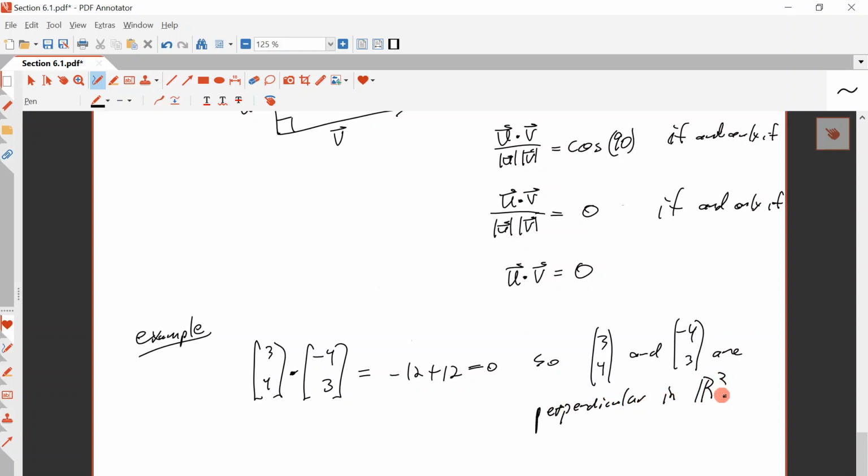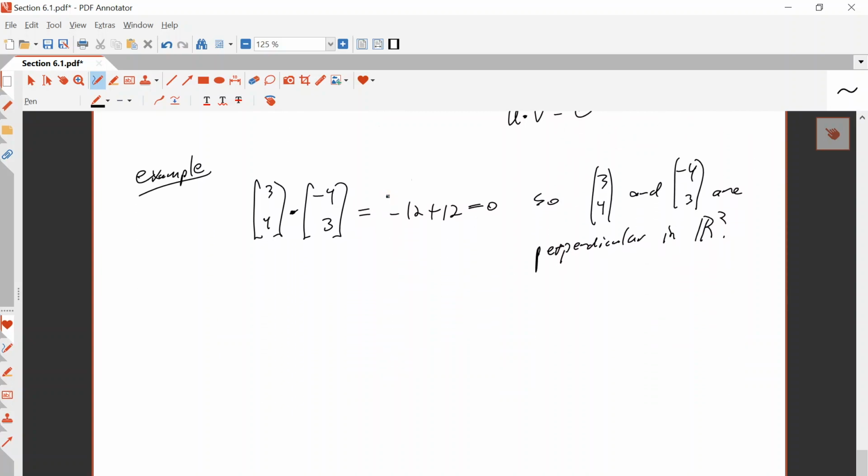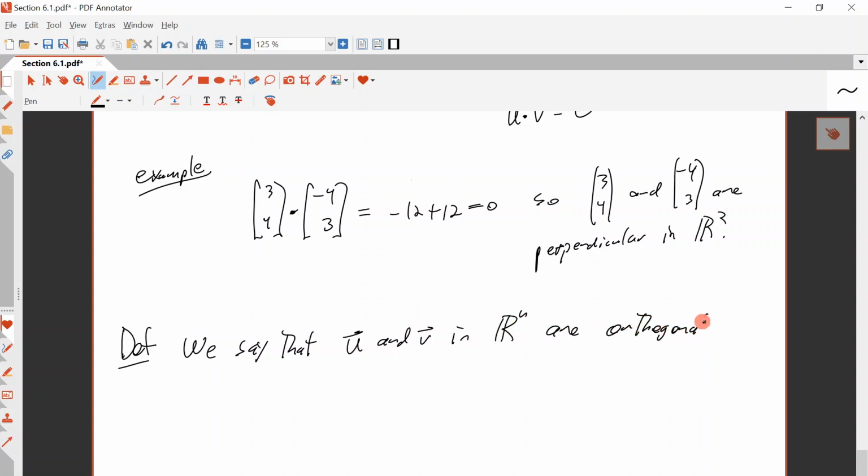In R2. But we extend this notion into any Rn. For any n, we say that u and v in Rn are orthogonal when u dot v is equal to 0.